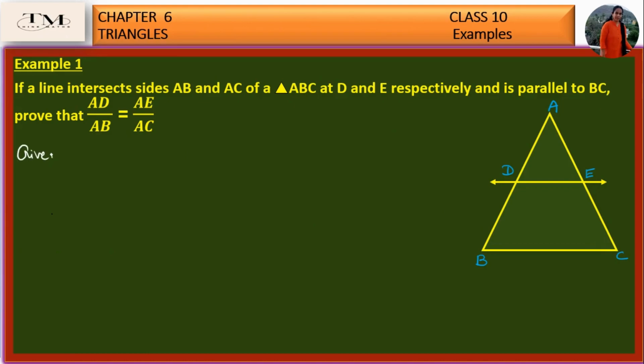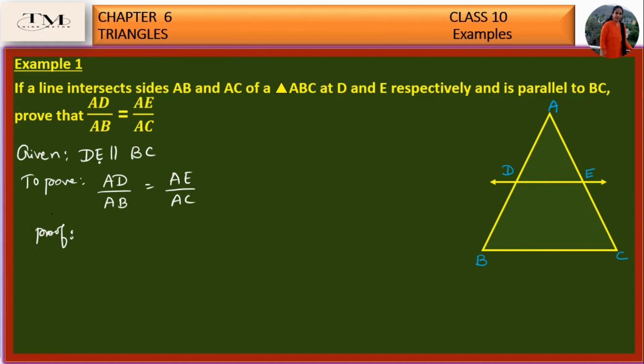Given the line DE intersects AB and AC and is parallel to BC. So the given is DE parallel to BC. We have to prove AD by AB is equal to AE by AC. So, let us prove.